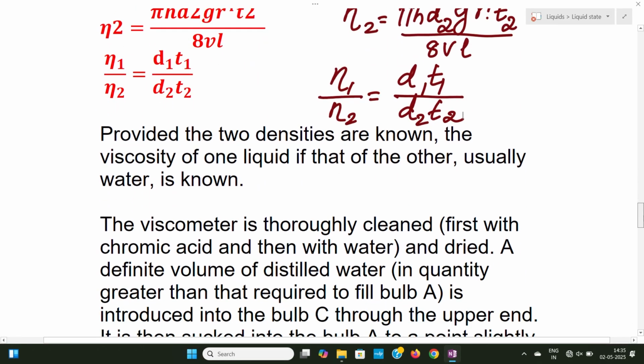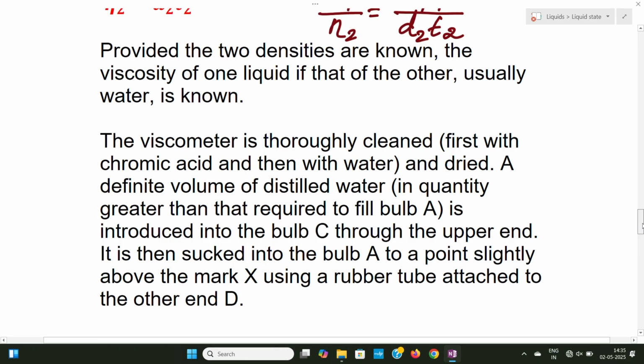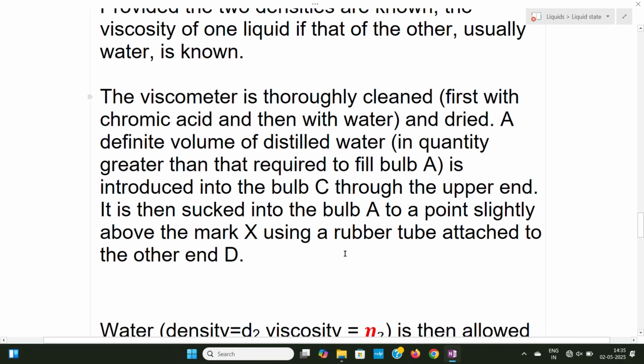Till now we were discussing how we can determine the coefficient of viscosity. Now we are going to see how to compare the coefficients of viscosity of two liquids using the Ostwald viscometer method. Before we perform the experiment, we wash the viscometer using chromic acid and then with water.